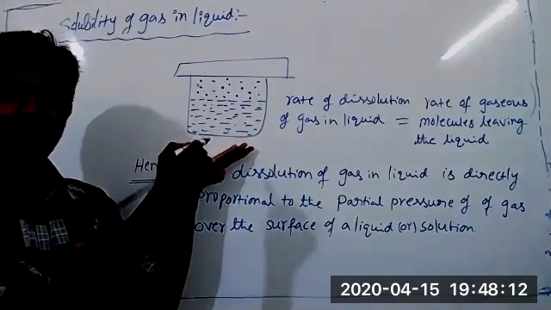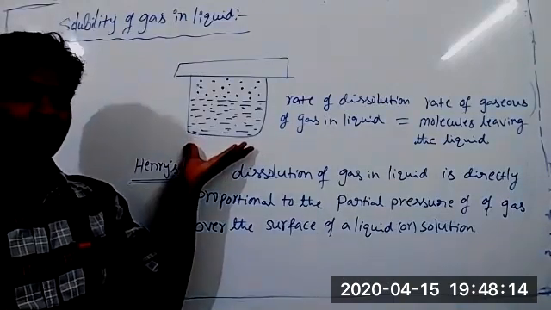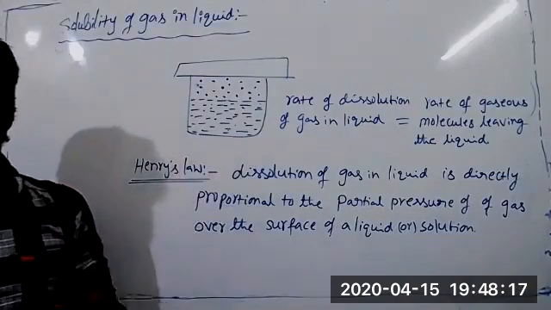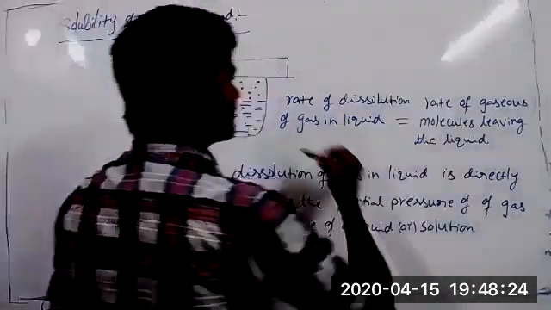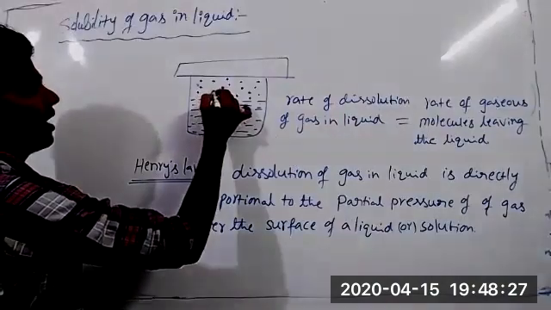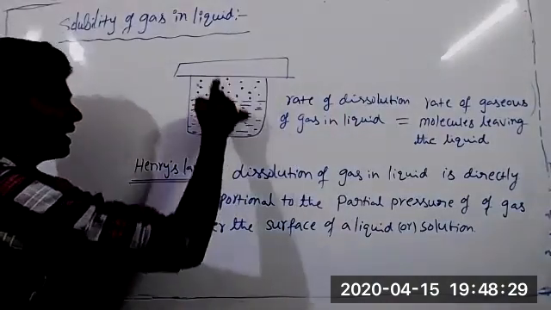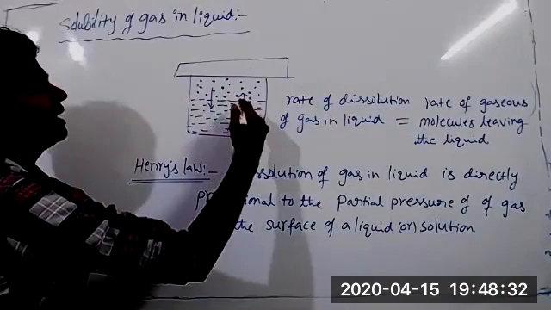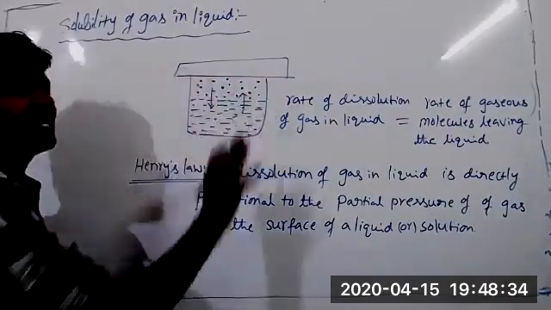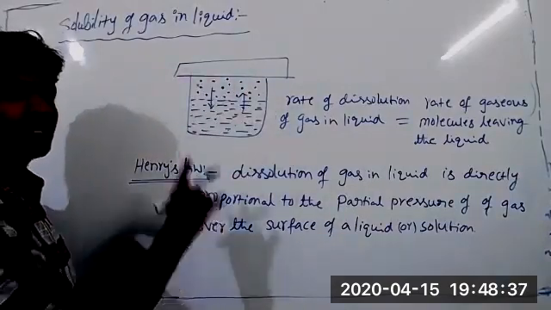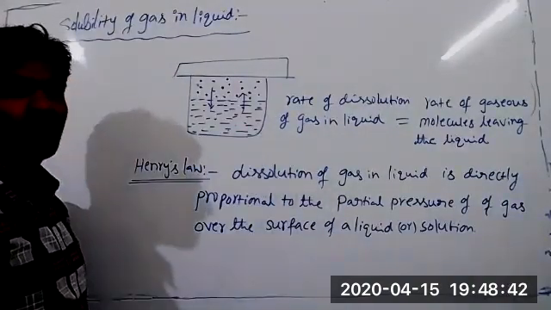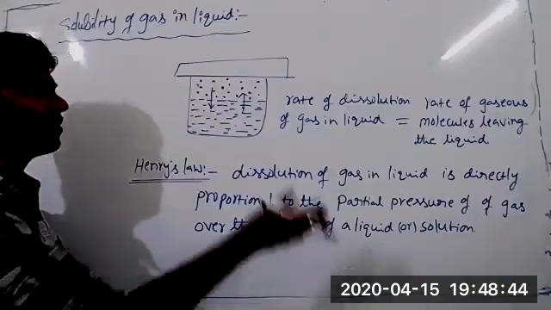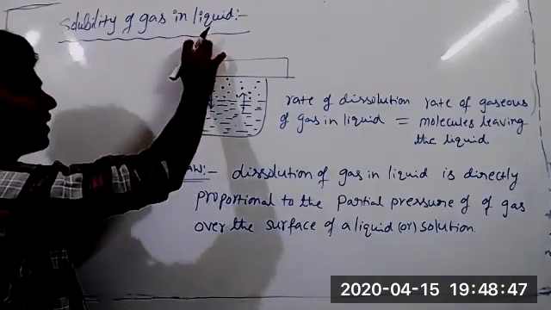Any doubt here about dynamic equilibrium? No, sir. This dynamic equilibrium is a continuous process. Suppose 100 gas molecules are going inside the liquid, at the same time 100 gas molecules are leaving the liquid. The process happens continuously, but it maintains the same concentration. Concentration does not change in dynamic equilibrium. Previously we discussed solubility of solid in liquid also.